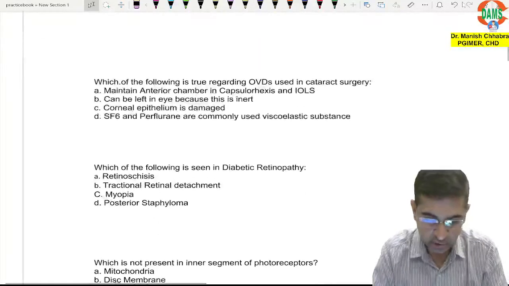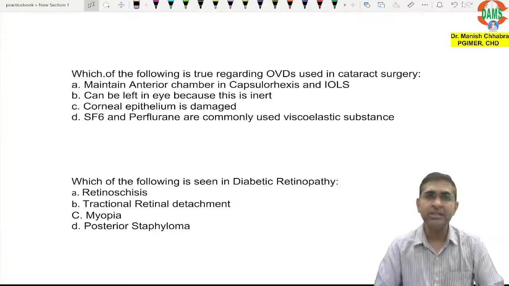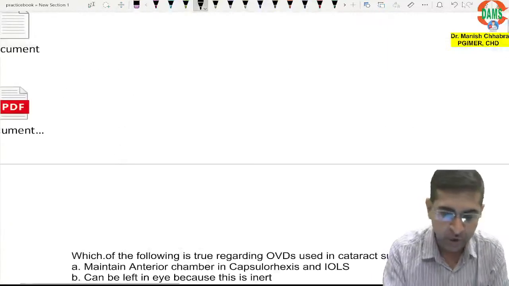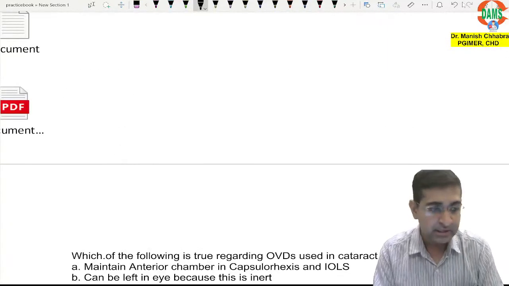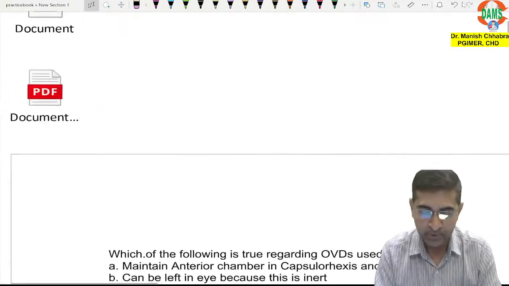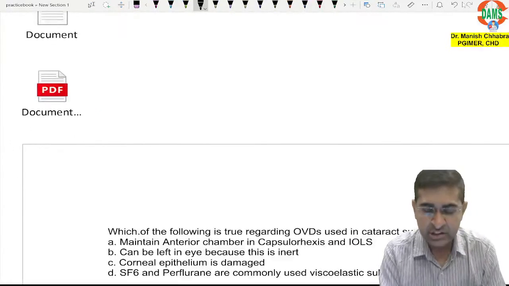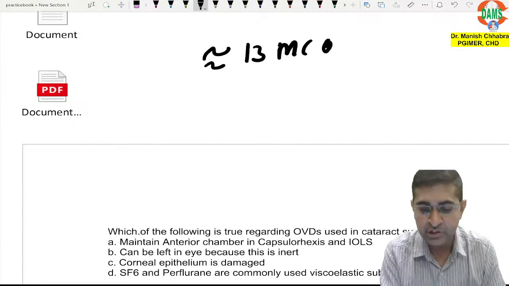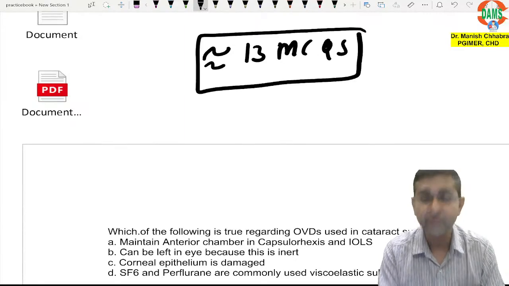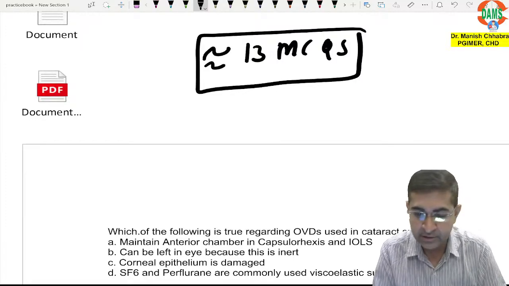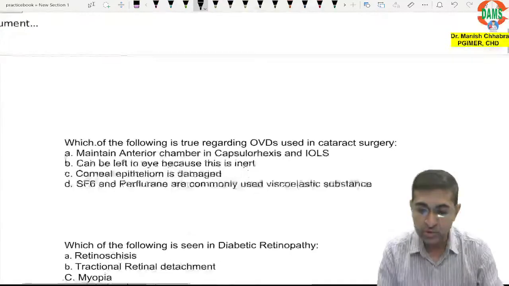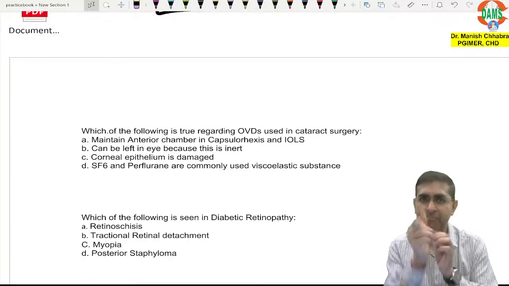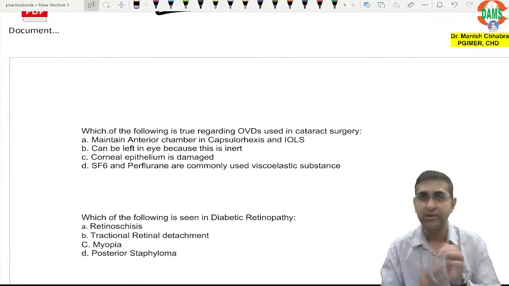So boys and girls, this time the paper was pretty basic yet very conceptual. There were approximately 13 MCQs, and these MCQs were basic yet conceptual.